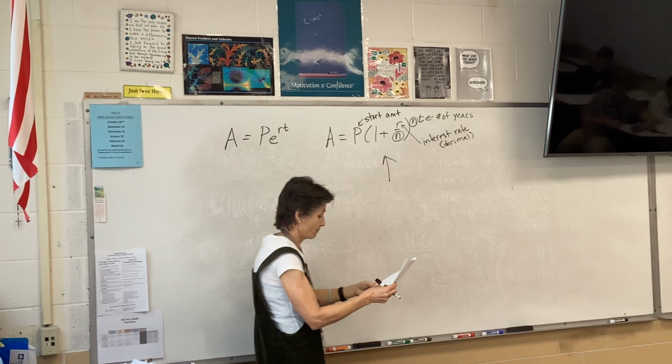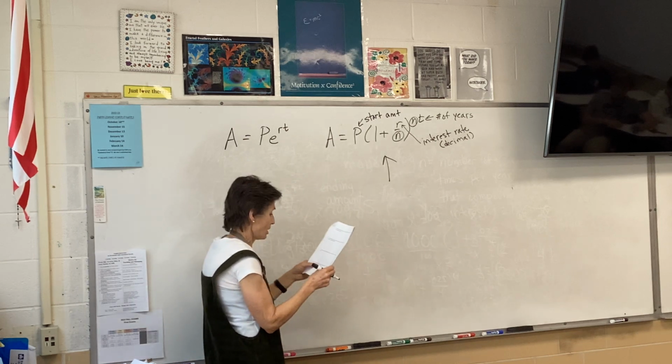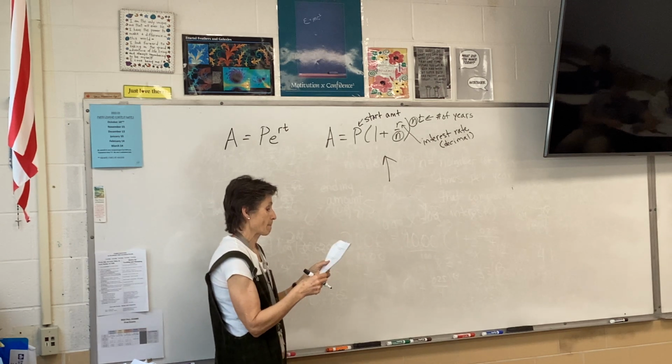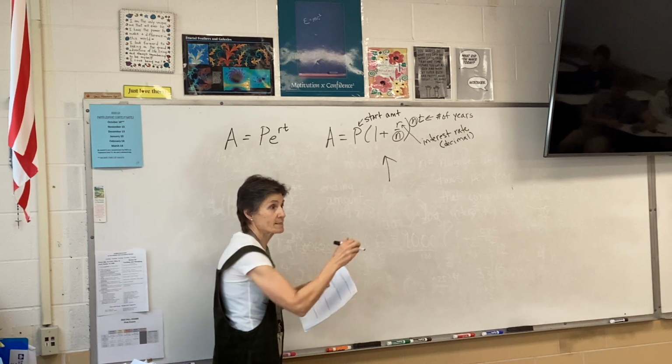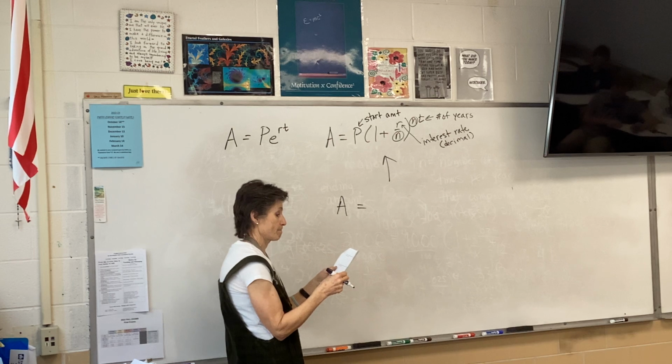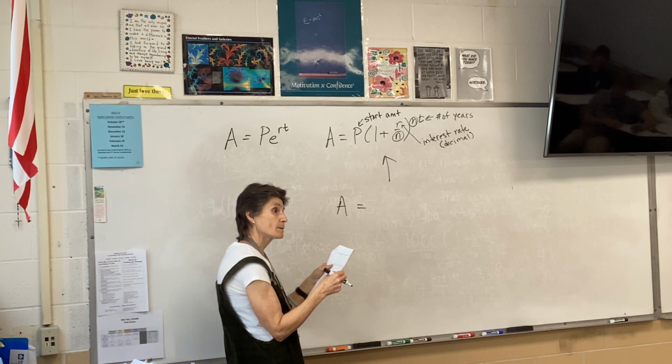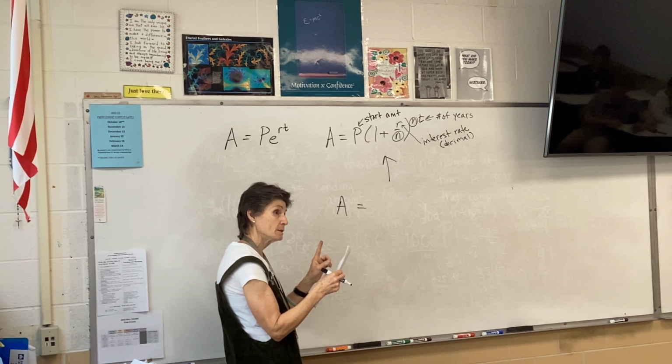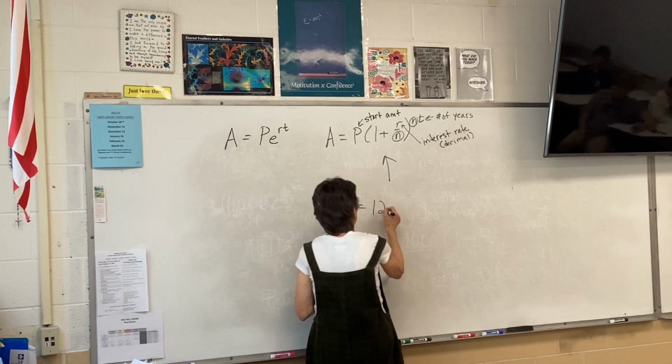All right? So here we go. Do I know A? No, that's the question, isn't it? So A equals. Do I know P? Yes. P is what I start with, 1230.